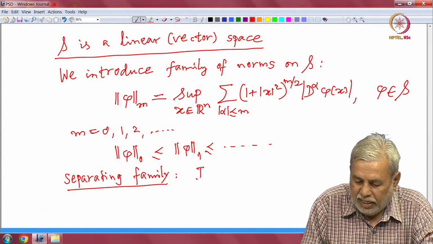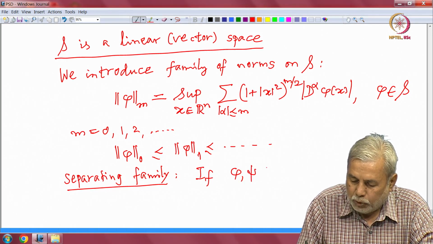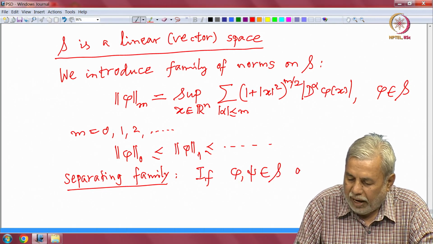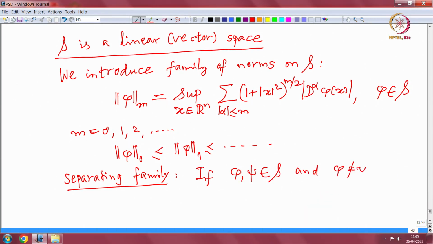If phi, psi belong to the Schwartz space and phi is not equal to psi, then there exists some non-negative m such that the norm of phi minus psi of order m is strictly positive.